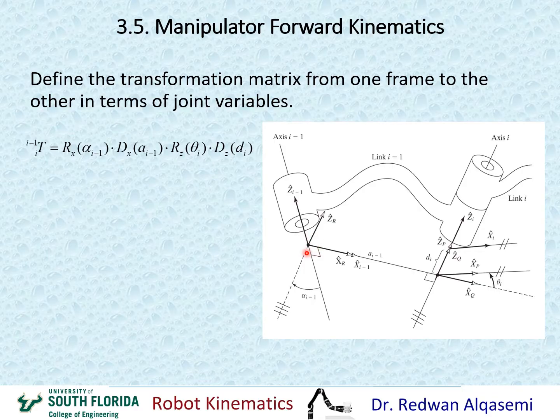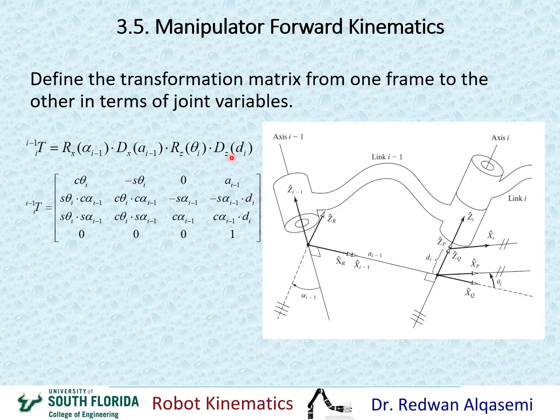I'm moving from frame i-1 all the way to frame i. Now I know how to create a transformation matrix for this part, and another for this part, another one for this part, another one for this part. If I create all four of them and multiply them together, I will come up with this total transformation matrix that would describe frame i relative to frame i-1.